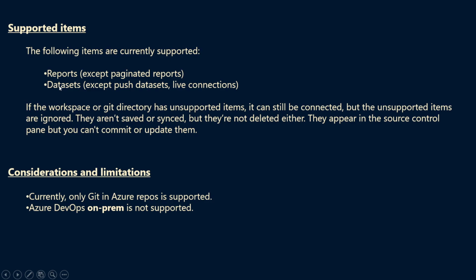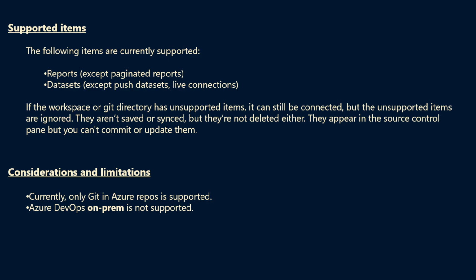Reports and datasets are supported items that can be backed up. In the report, paginated reports cannot be backed up. So these are unsupported items for the time being, and this is actually under way.